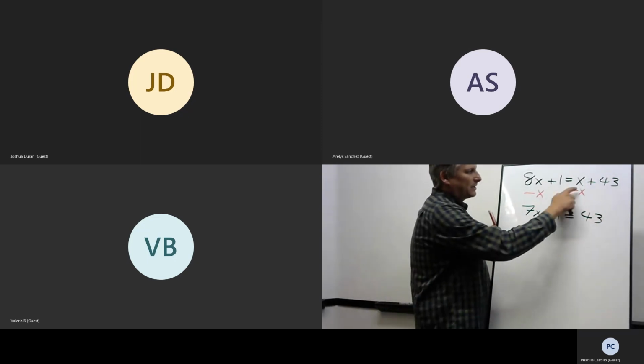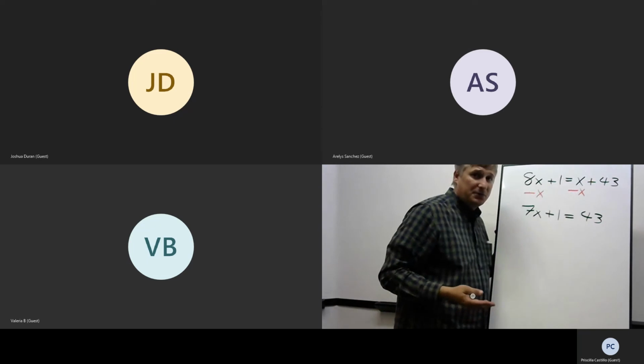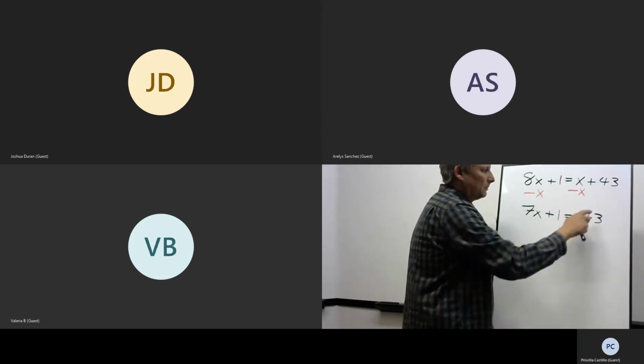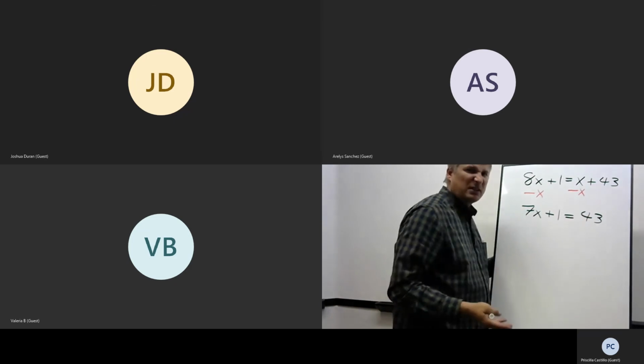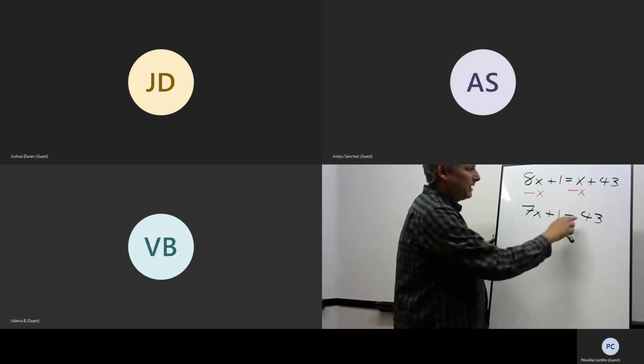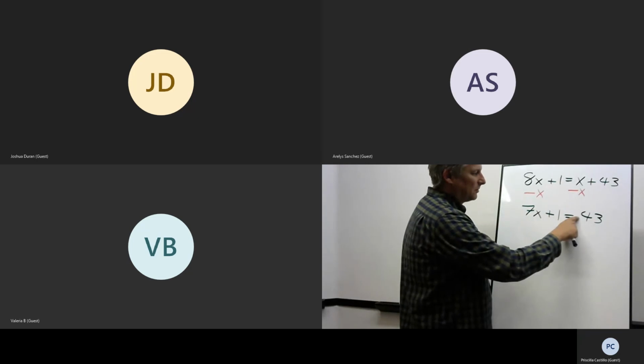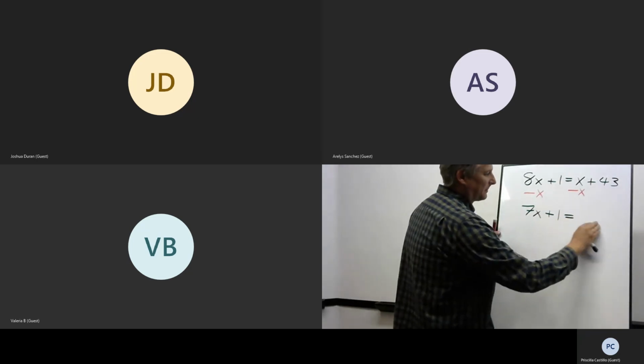Now, if I subtract x from x, what I actually get is 0. But 0 plus 43, well, that's just 43. That doesn't change anything. So that's why I'm skipping a step. Technically, this would be 0 plus 43 like this.